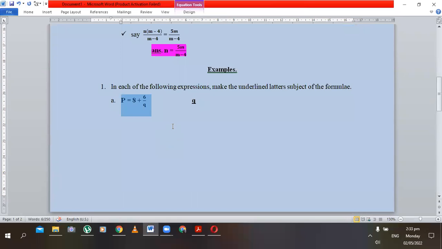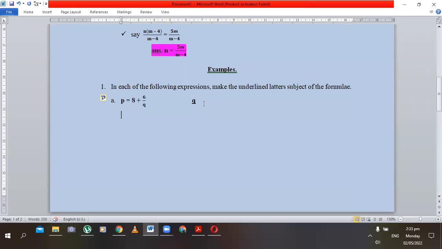We are going to do the same. Remember, what we're supposed to do here is to make sure that we analyze the question. The question says p is equal to 8 plus 6 over q. So we need to solve that question.